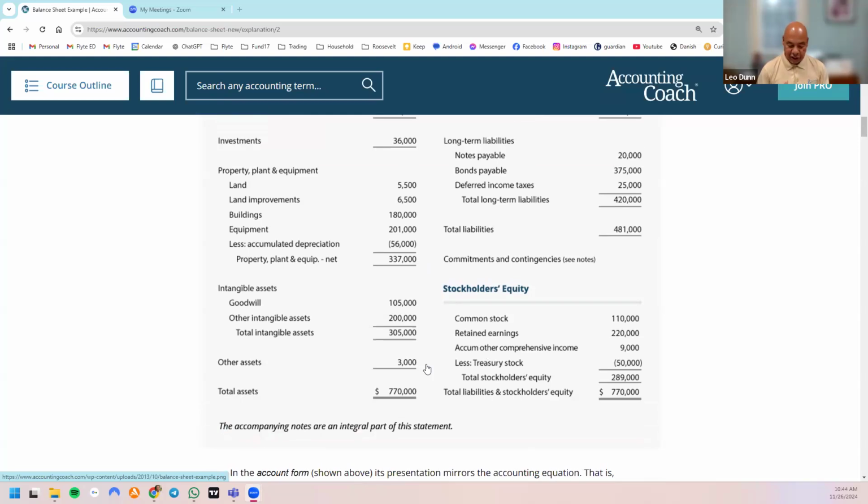You could turn this formula around and say assets minus liabilities equal your equity, your ownership. Your balance sheet is always going to reflect that equation. Assets equal liabilities plus equity. Any questions?